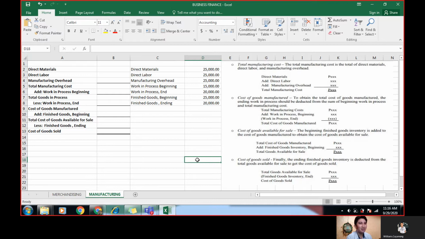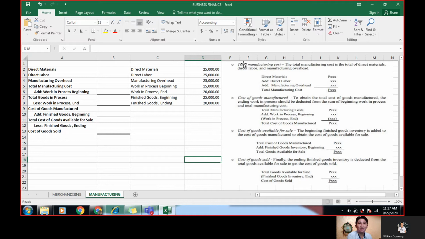So for us to begin, we have this total manufacturing cost. In your total manufacturing cost, this is the total cost of your direct materials, yung materials na ginamit ninyo in using or making your product. Direct labor, sino-sino ba yung trabahante, okay, na nagtrabaho in making your product? It could be machines, it could also be done through human intervention.